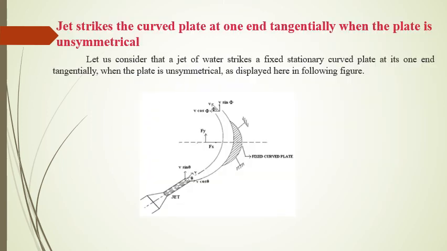Coming to the next topic, jet strikes the curved plate at one end tangentially when the plate is unsymmetrical. So let us consider that jet of water strikes a fixed stationary curved plate at one end tangentially. The plate is unsymmetrical as shown in the figure.